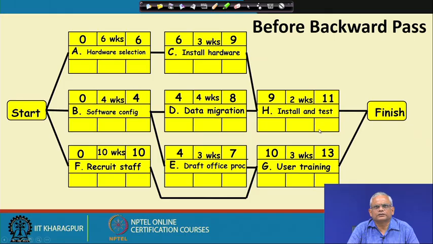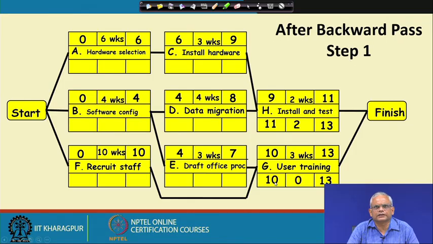And then we have the duration is 2 weeks, and from 13 we get that here it must be 10 and here it must be 11. Subtract 2 from here, 2 from here, we get 11 here, and from 13 we get 10 here.